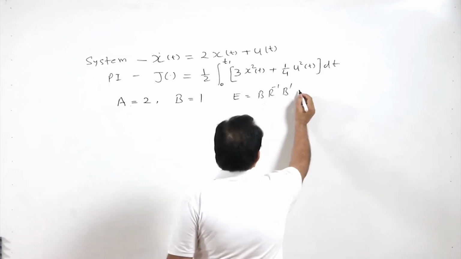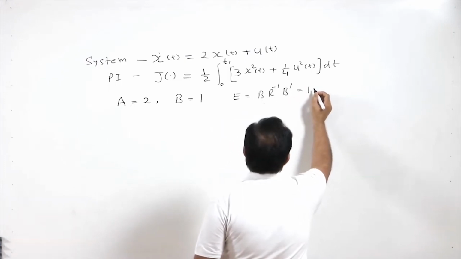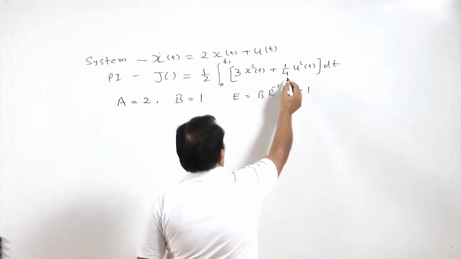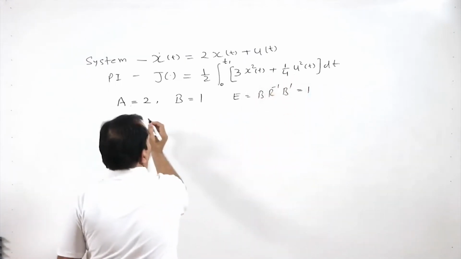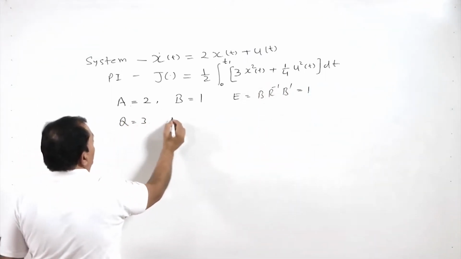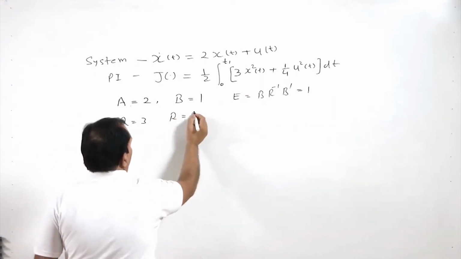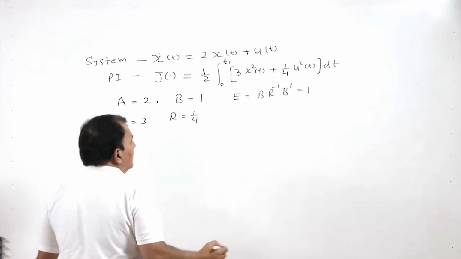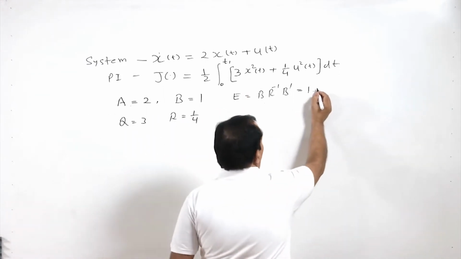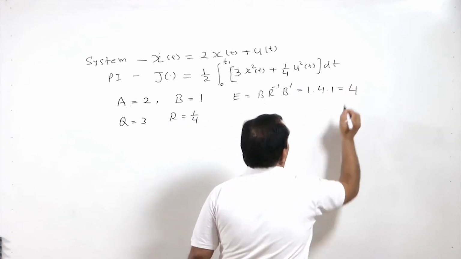B is 1, Q is 3 and R is 1 by 4. So, 1 into 4 into 1, so E is my 4.